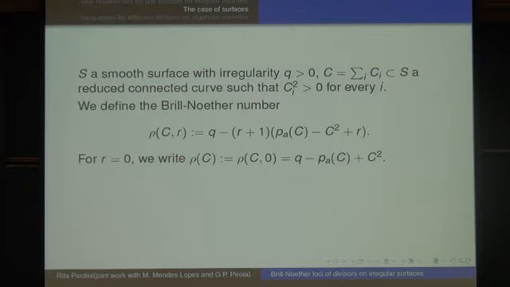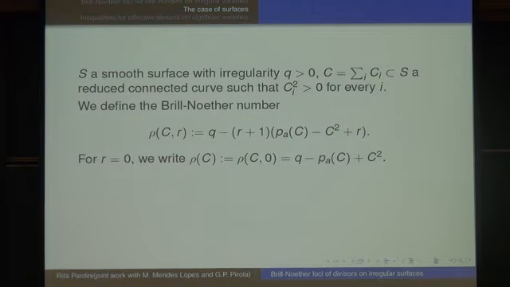And then we define a suitable Brill-Noether number here, which is exactly the previous Brill-Noether number in the case of the line bundle given by C restricted to C. So d is replaced by the self-intersection of C. This is the geometric genus, and q is the dimension of Pic^0 of the surface, which is the compact subgroup I will be looking at.